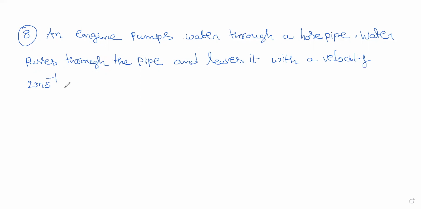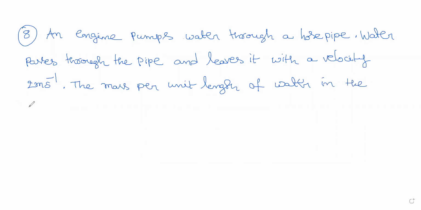The mass per unit length of water in the pipe is 100 kg per meter, 100 kg meter inverse.